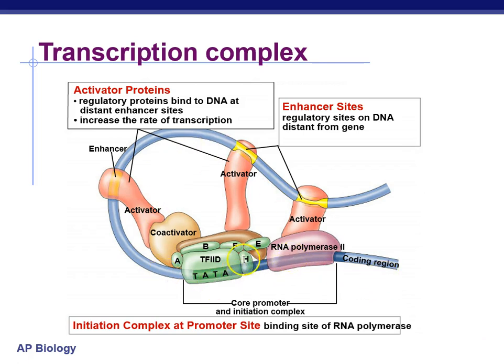Don't worry about memorizing all these little parts here. Get the big idea of the whole thing, that all of these proteins work together and make the DNA fold back on itself towards the promoter, thereby activating the RNA polymerase to go ahead and transcribe that coding region.